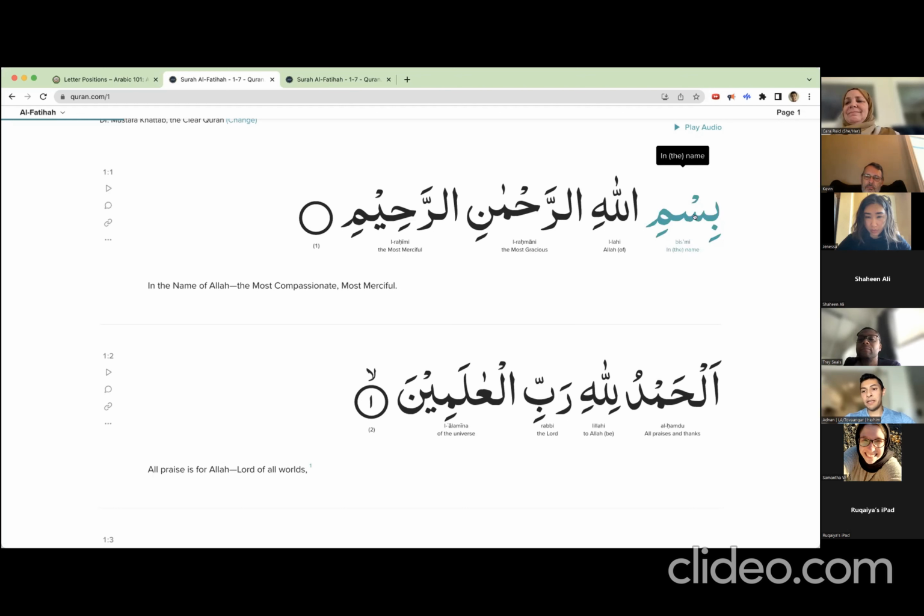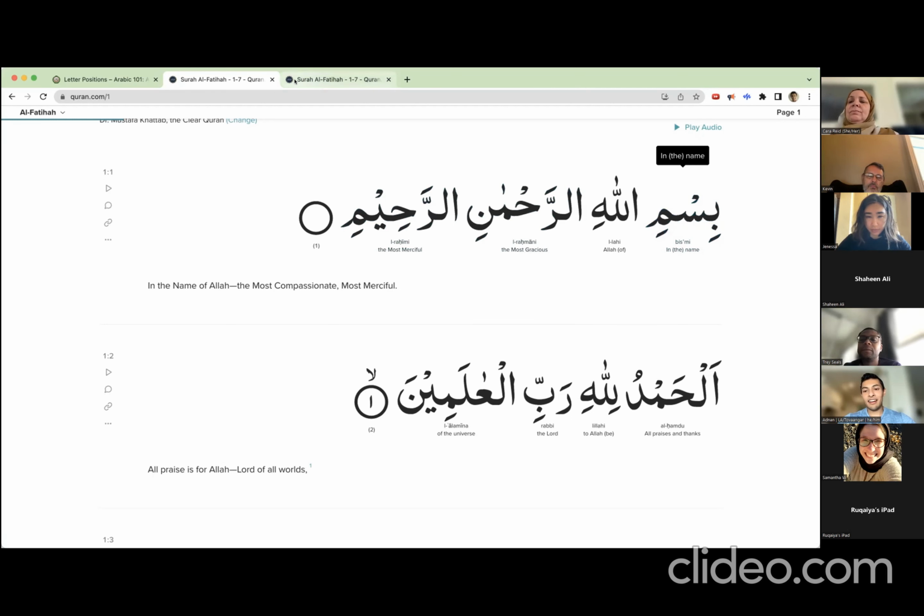So you have bis. And then finally, this is the meem with a line below. The meem makes the m sound, with the line below to make mi. So bismi. All right.